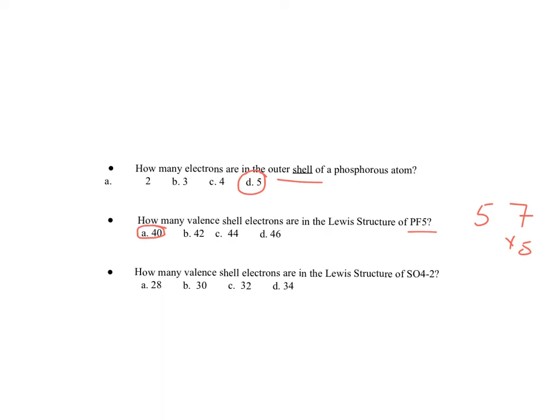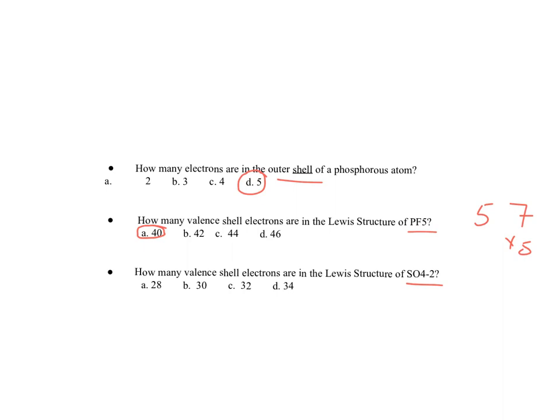This is actually going to help us when we start talking about Lewis dot structures. But this SO4 2 minus, right? We can look at that and say, what about sulfur? Well, sulfur and oxygen both have 1, 2, 3, 4, 5, 6. And so sulfur has 6, oxygen has 6.